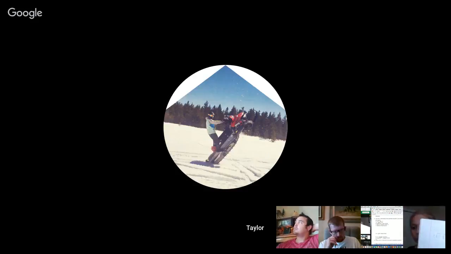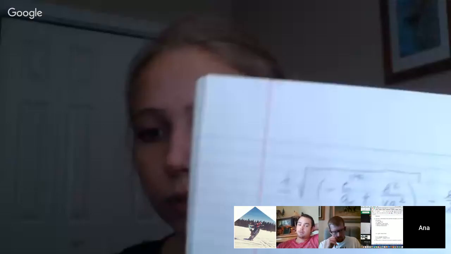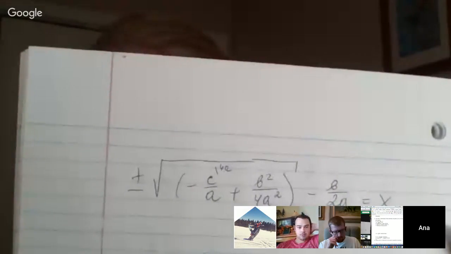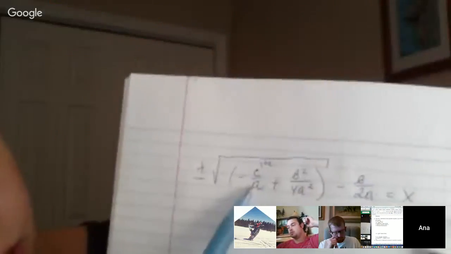So much harder. I don't know if you can see. This is what we had, and then we pushed this number to the common denominator to get 4a squared in the denominator.